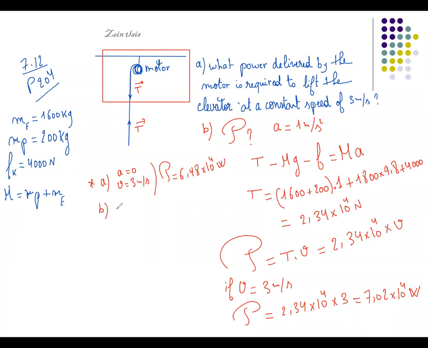In part B, a equals 1 m per second squared, and we calculated P at the same velocity, 3 m per second, meaning when the elevator arrives at this value of velocity at a special time. We calculated P equals 7.02 times 10 power 4 watt. So the motor will consume more power to have acceleration. Okay? Thank you.